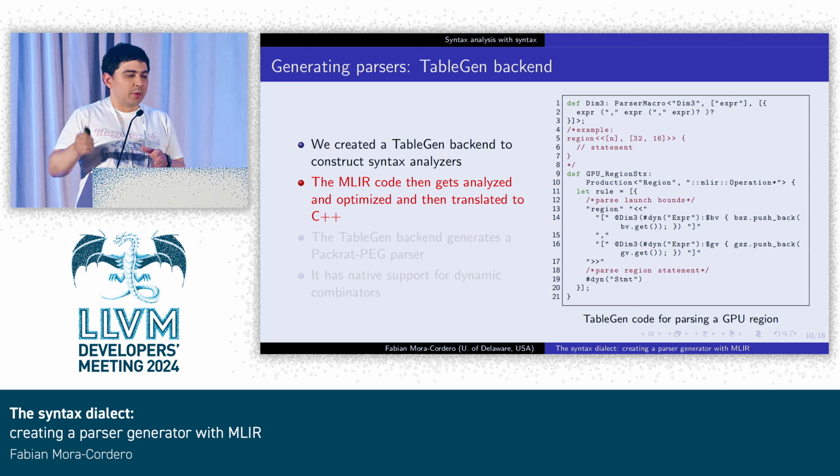that the expression inside a hashtag dim expression is going to go through the parser macro, and hashtag dim expression is just saying, hey, I need you to invoke the dynamic parsing combinator, which allows us to basically have extensible syntax on demand.